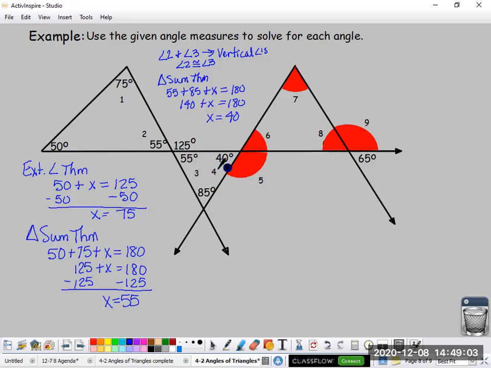I notice angle 4 and angle 6 are vertical angles. So angle 4 is congruent to angle 6. So that means angle 6 should also be 40.